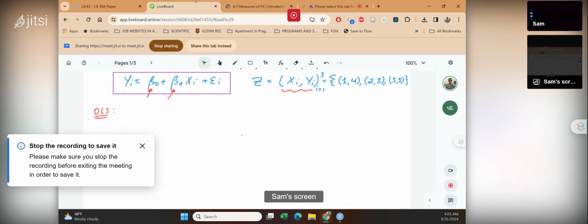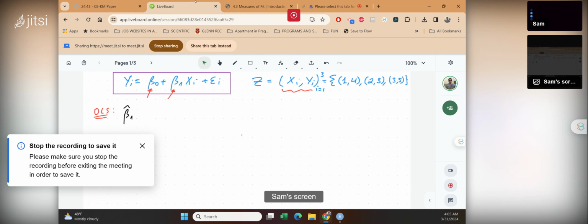The estimator for beta 1 we denoted by beta 1 hat, meaning that beta 1 hat is not the true population value, but a good approximation of what is going on in the population, right? Why is it not exactly equal to beta 1? The reason is we're just dealing with a small sample.